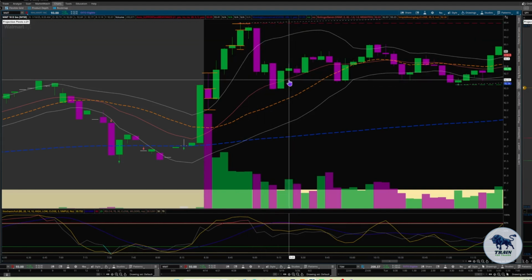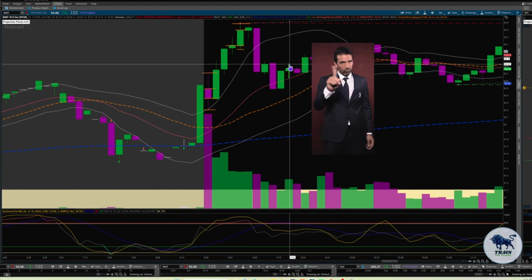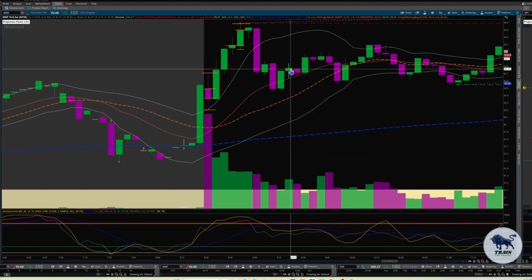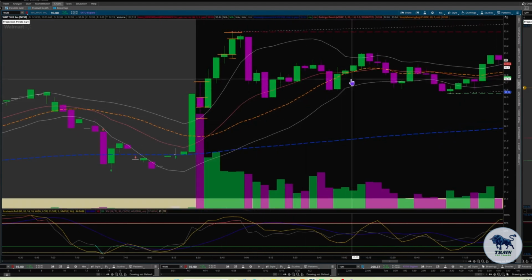Now, something like this in the middle of a trend, not necessarily important. It's not really giving us a whole lot. It's just telling us that there's a battle between buyers and sellers right here. But we're still overall in an uptrend.